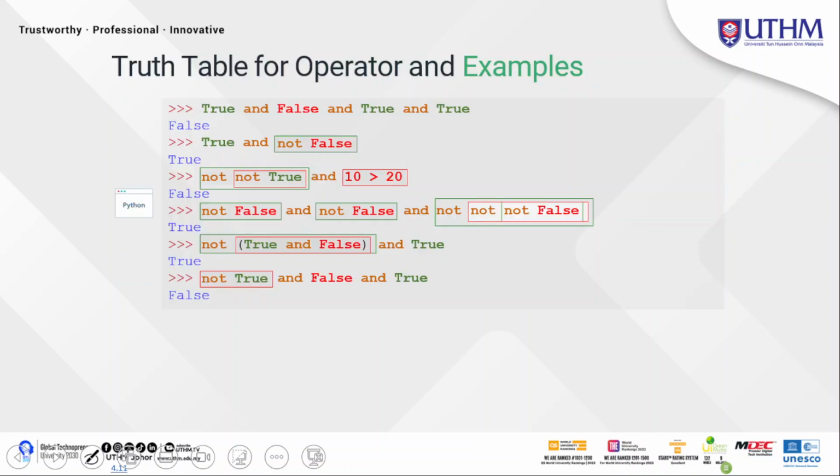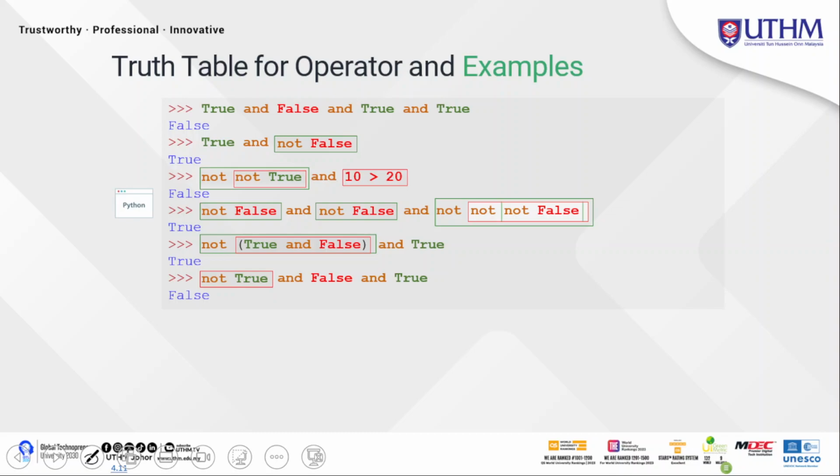Next, this is an example for the AND operator. True and false, and true and false. They will check true and false, and the answer is false. Not false first is true, and true and true is true.